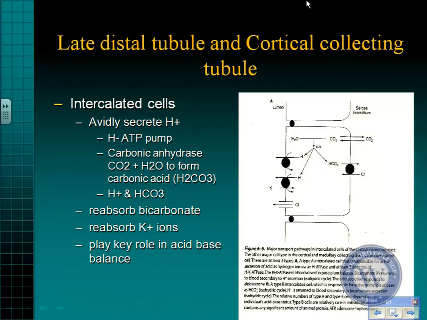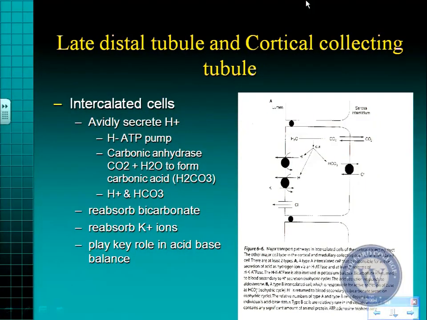Intercalated cells are very avid, and they have high amounts of carbonic anhydrase in them. They pump out hydrogen, with the good effect of pumping bicarb back into the bloodstream. So the distal convoluted and the cortical collecting tubules are very important in maintaining your bicarbonate balance in your bloodstream. It also reabsorbs potassium ions and plays a key role in acid-base balance. So I for ion control, or intercalated cells. That's really what it's going to do.